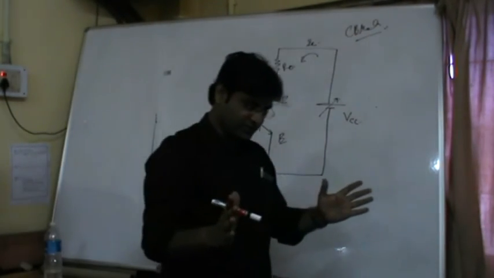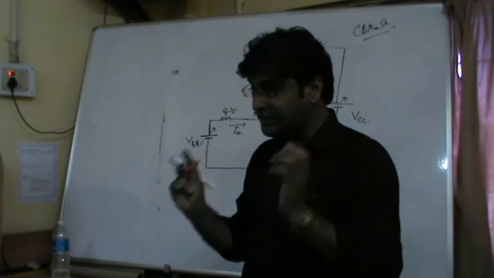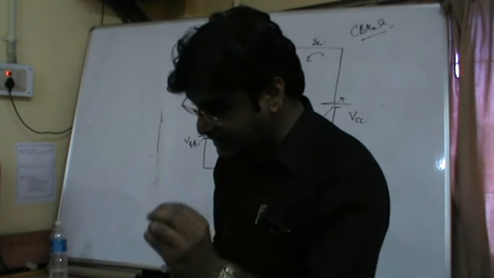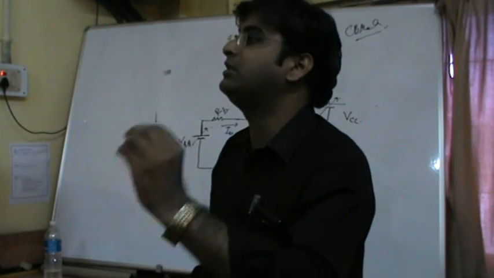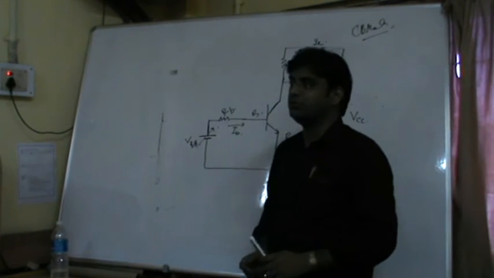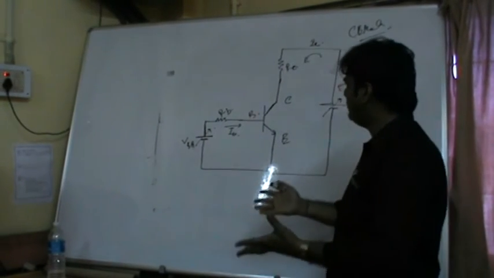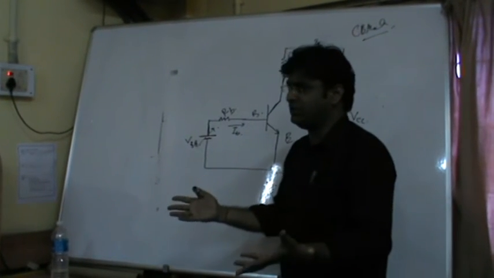If I ask this question, what are the parameters? What are the entities presented in the input side of the circuit? Which are the entities? Entity means the voltage, resistance, current.